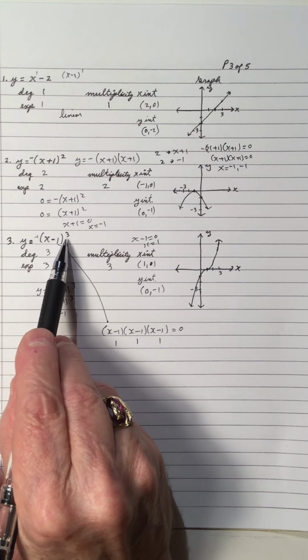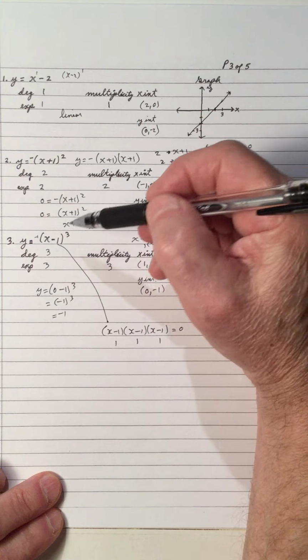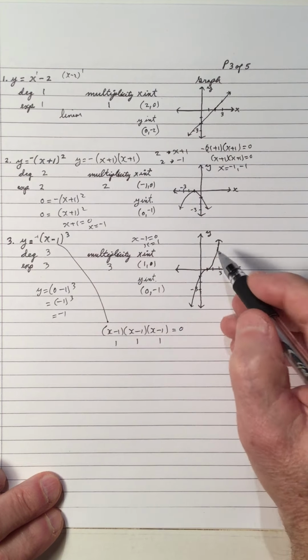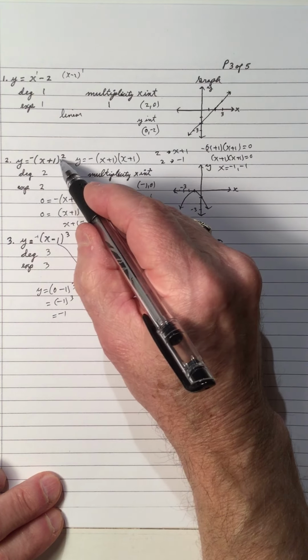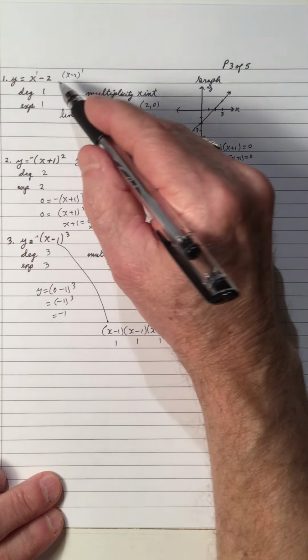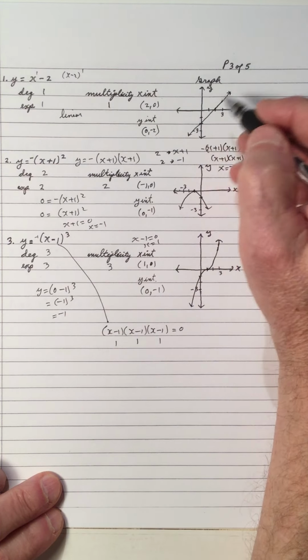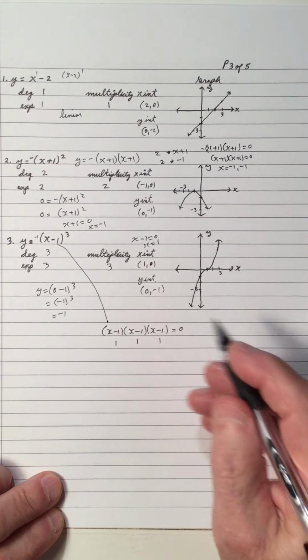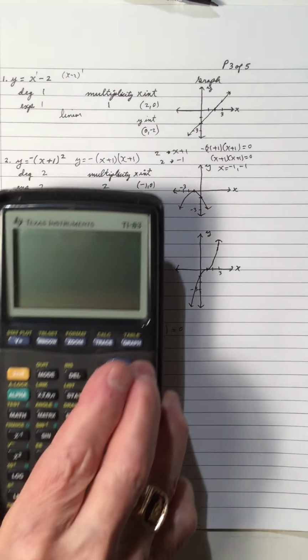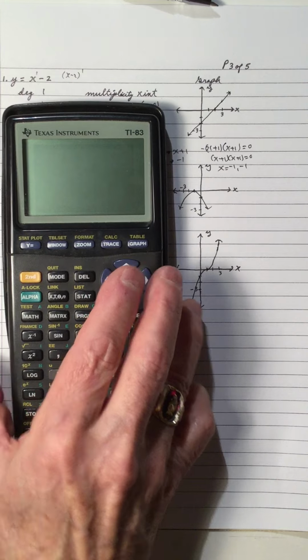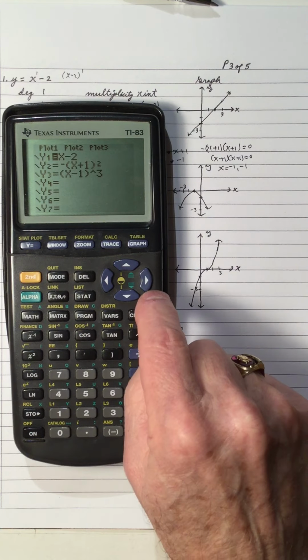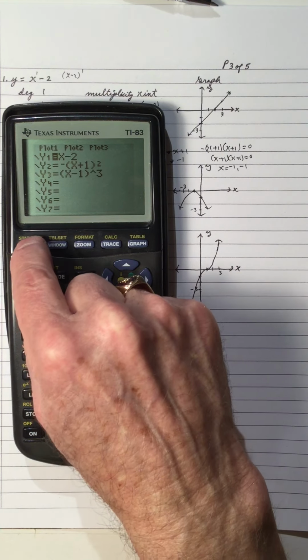Now it's very important that if you have a cube, you have a sideways S. If you have a square, you have a parabola. If you have just a linear, you have a line. Again, there's only one x-intercept. And to illustrate those, let me put these equations in the graphing calculator.